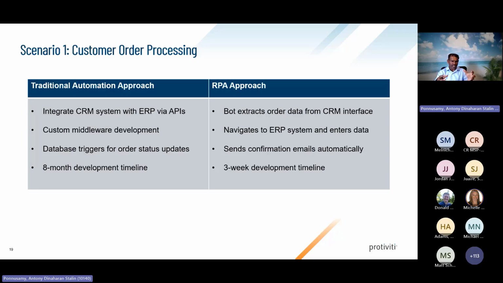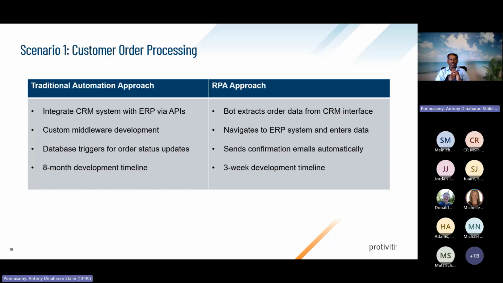Generally, it takes a longer period for traditional automation. When it comes to the RPA side, you can use a bot to extract the data from one place to another, in this case from CRM interfaces to ERP or ERP to CRM. The bot logs into the systems, goes to the order, extracts the data, and then adds it to the different systems.